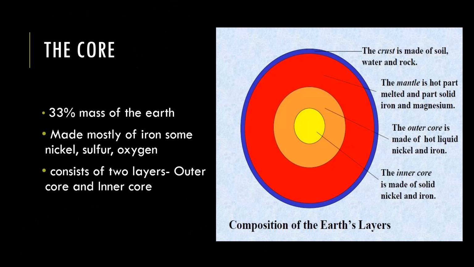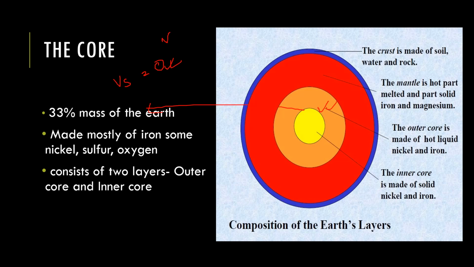The core is 33% of the mass of the Earth. It is made up of the outer core and the inner core. The outer core is hot fluid in nature, hot liquid, whereas the inner core is solid. And who gives us the answer that the core is fluid? The velocity of the S wave here is 0.